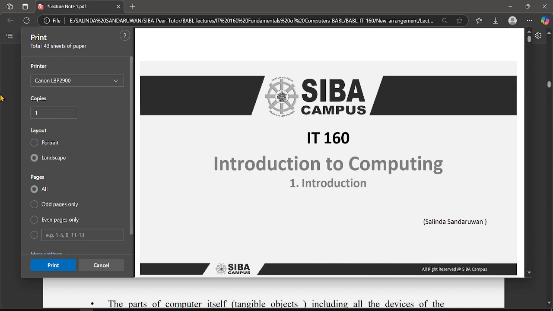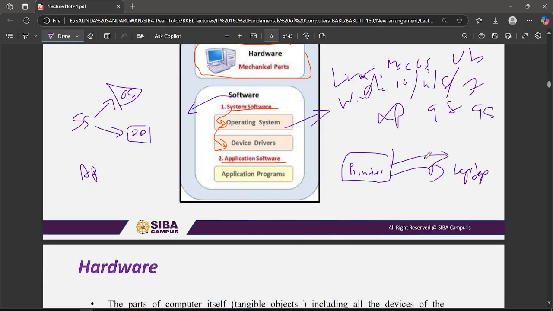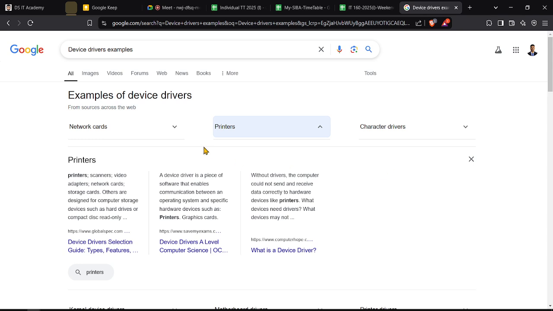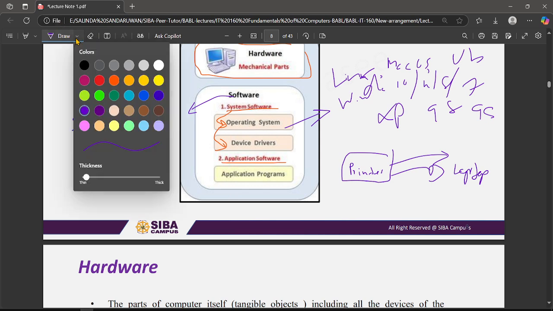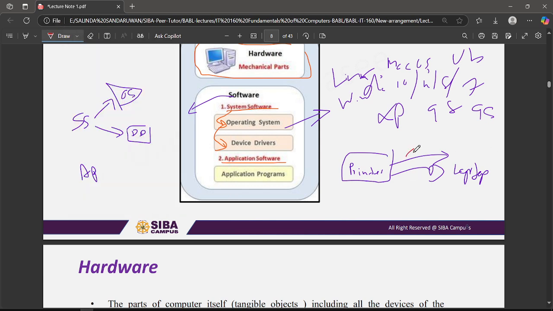It means you can't drive it, or you can't give the instructions correctly. So the device driver software will act like a translator, or an agent.